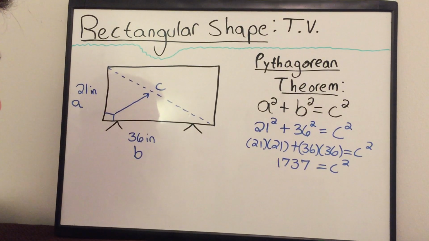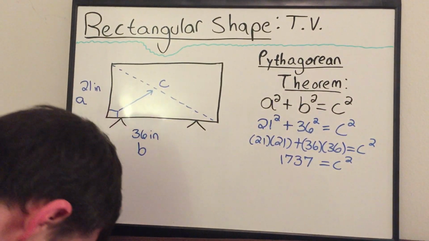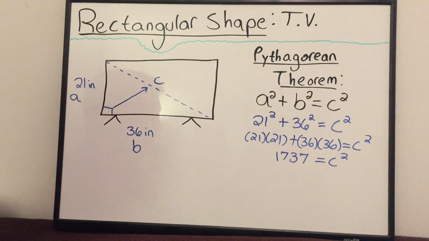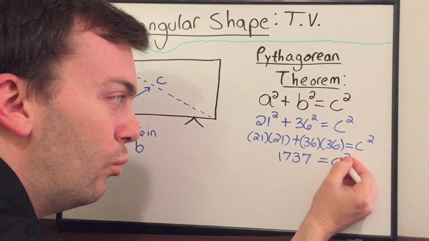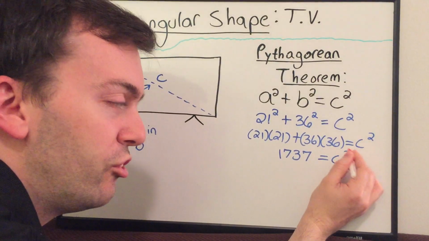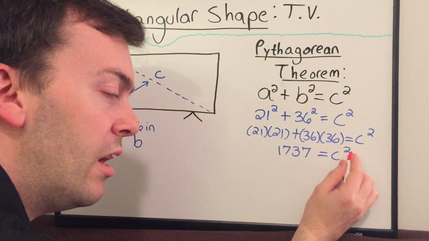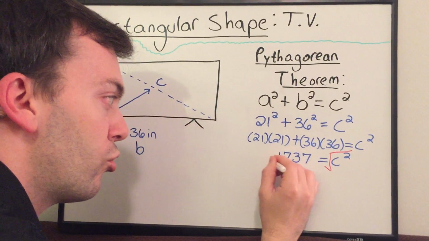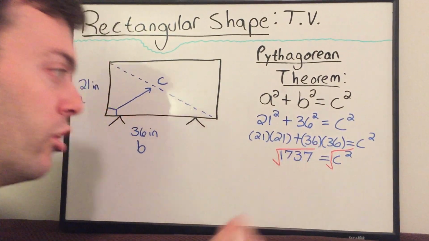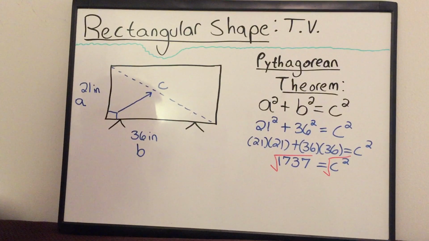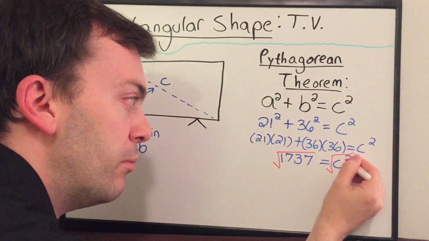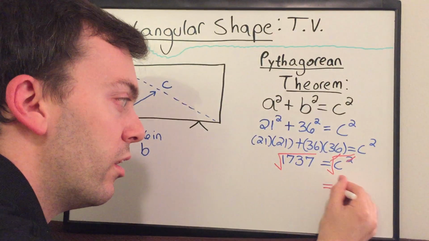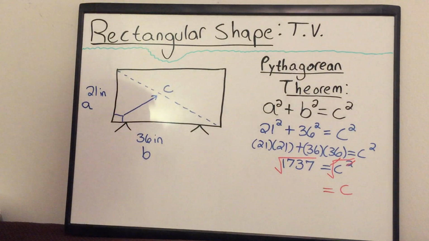So this needs to be a little bit smaller, which reminds me, and I'm going to use a different color to point this out, we have to get c completely alone, and we have this little square right there. Remember, the inverse of a square is a square root. So you're going to square root both sides, that way you eliminate the square and get c all by itself.